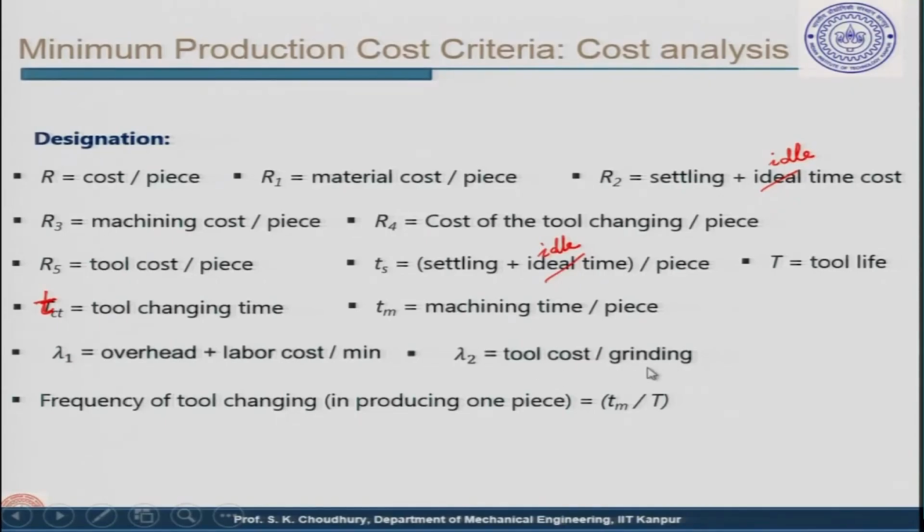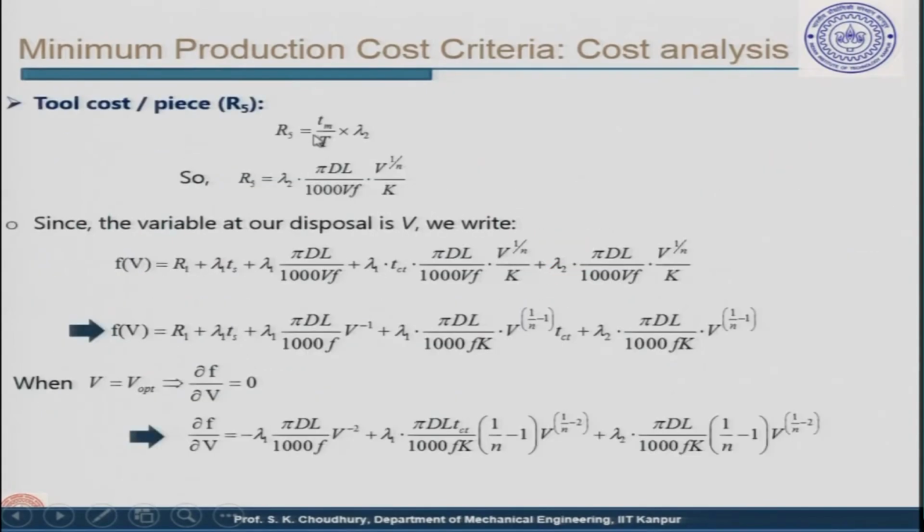Each time it is ground by somebody else. The operator here passes it on to another operator who will be grinding, and our operator is not being paid for that. Therefore, lambda 1 is not considered here for this piece.